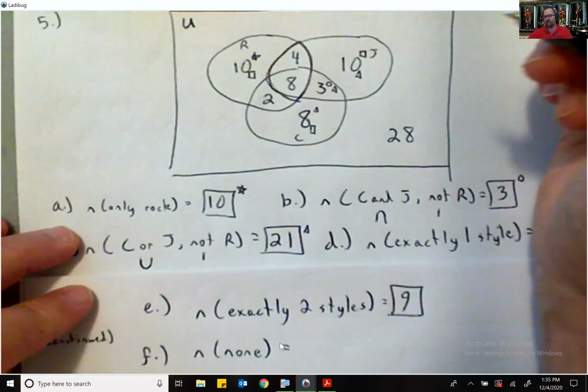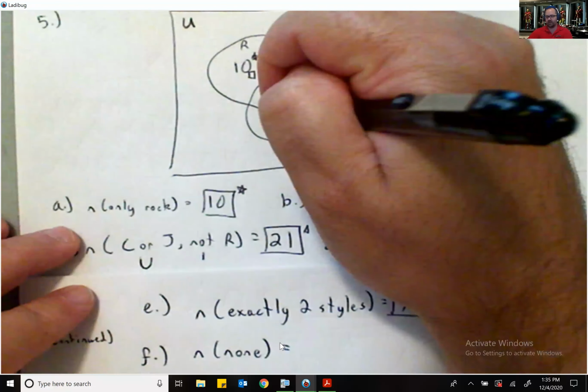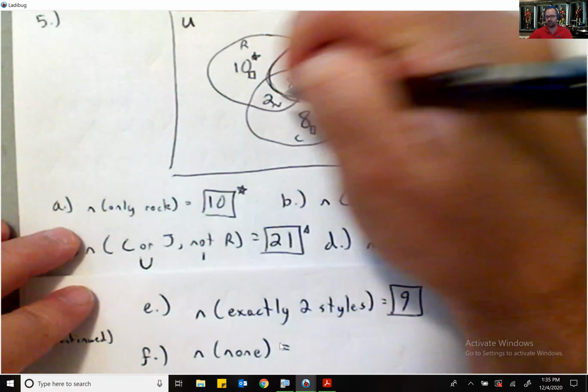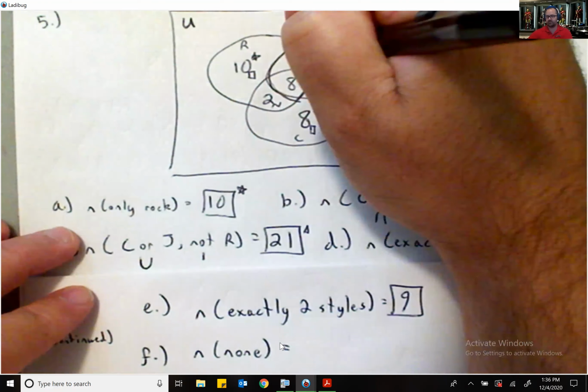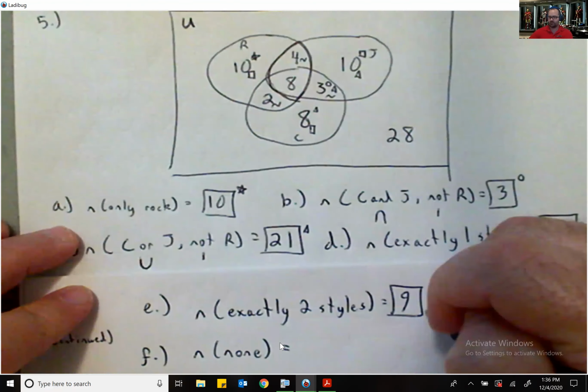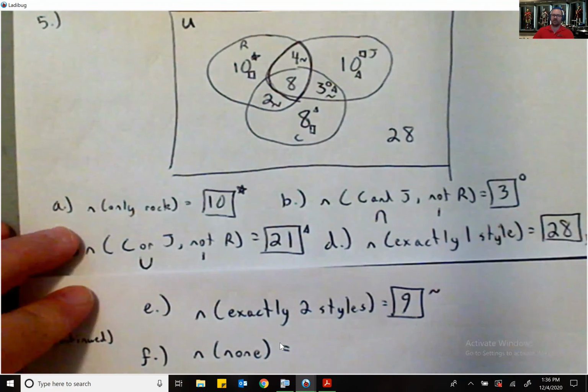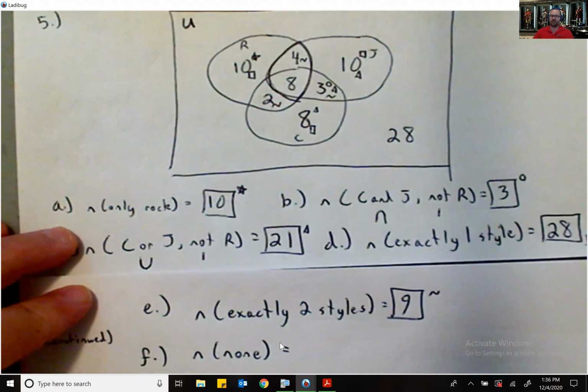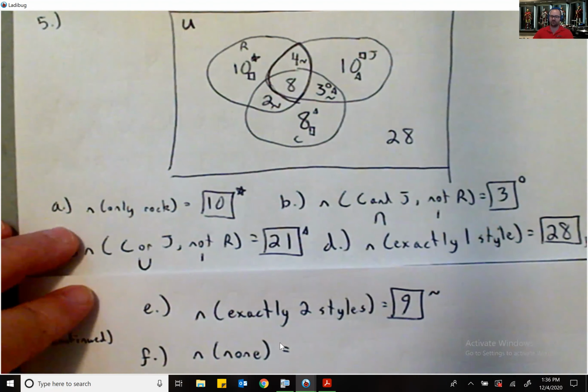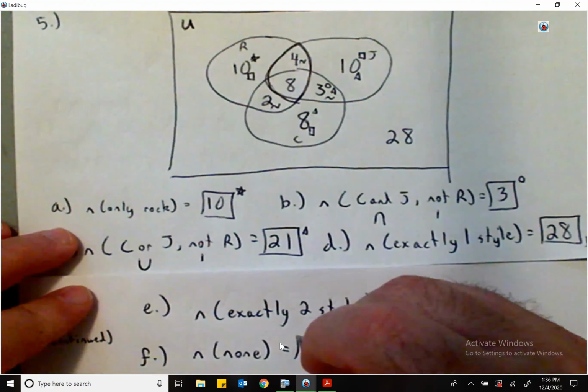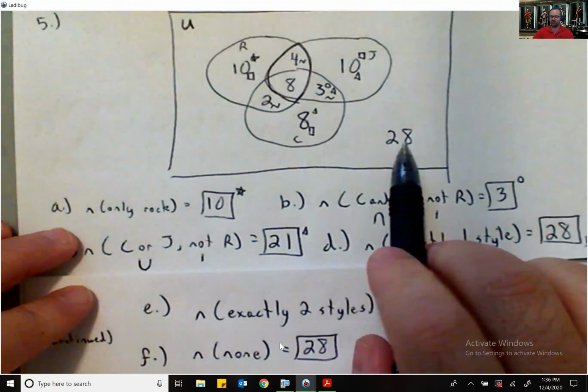Let's use a wavy line for this one. Perfect. And finally, none. How many listen to none of these styles? 28. The people out in the universe.